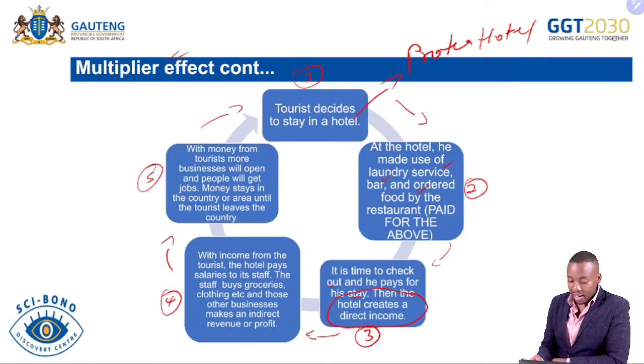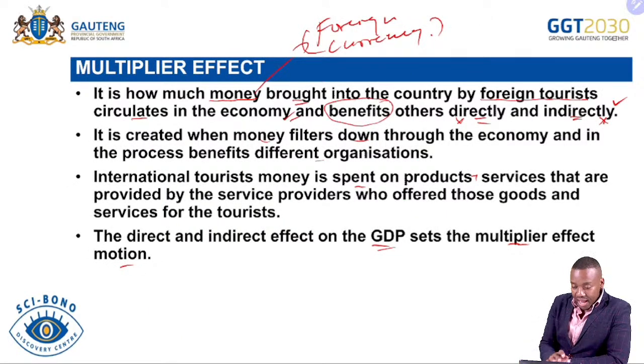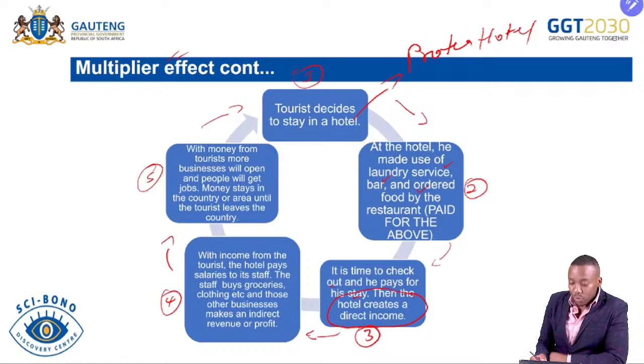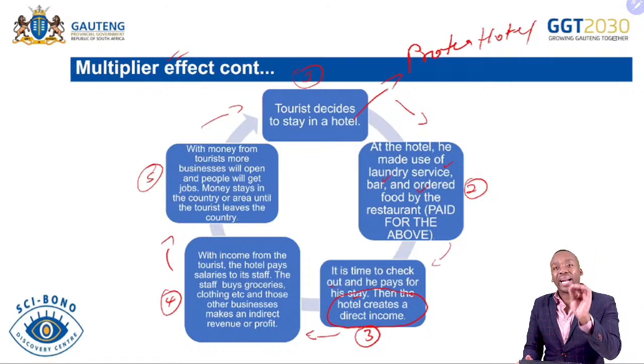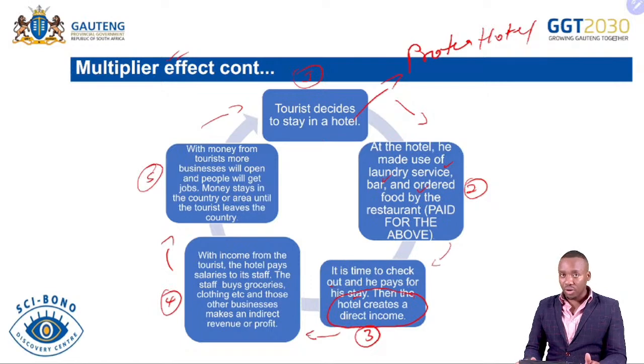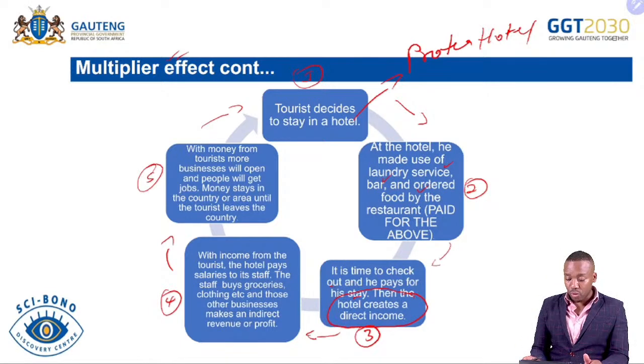Let me just go back. Remember, I said it is how much money is brought into the country by foreign tourists, and others benefit directly and others benefit how? Indirectly. So this spending at the hotel brings a direct income for who? For the hotel. It brings a direct income for the laundry department.